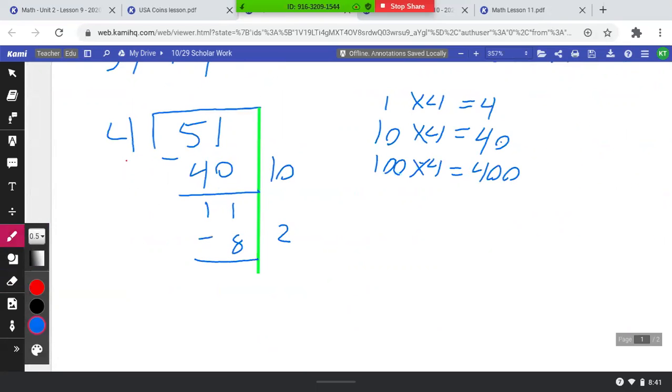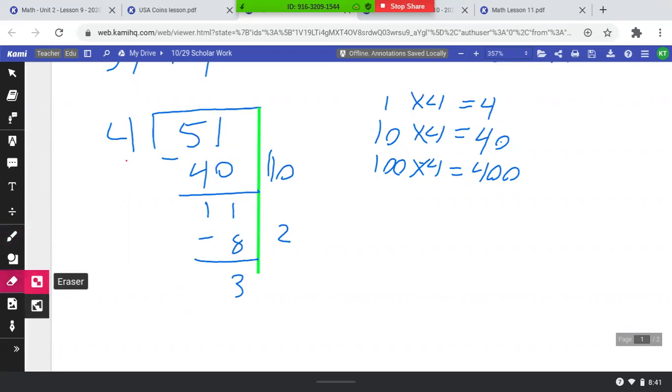I'm going to subtract those values, and I have 3 left over. Is that enough for 4 to go into? It's not, because 4 is greater than 3. So far, we have 12.